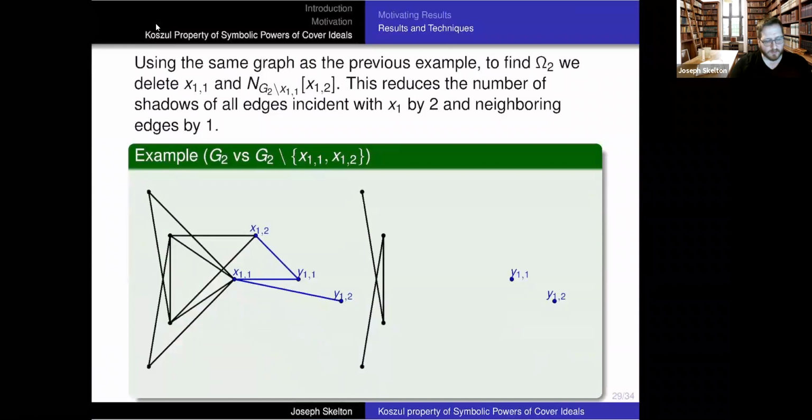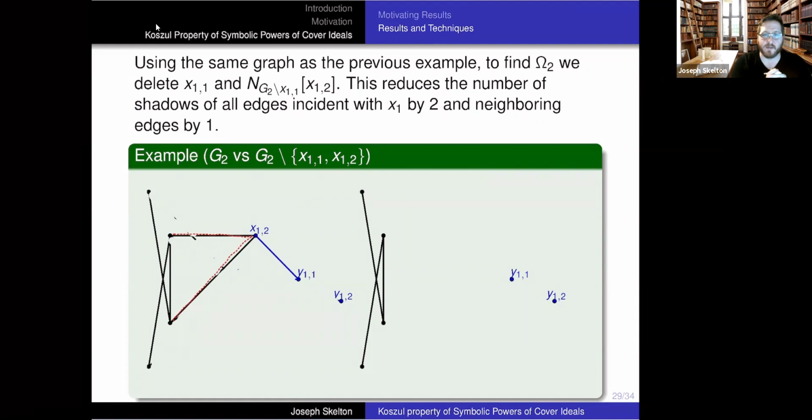To see how that works, again, same graph. When I delete X11, I reduce how many copies of these edges there are.